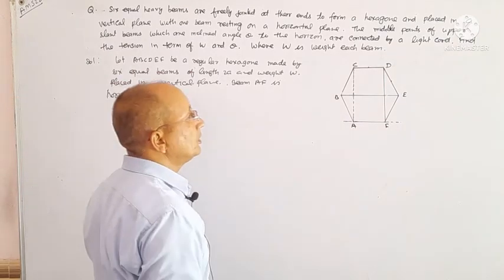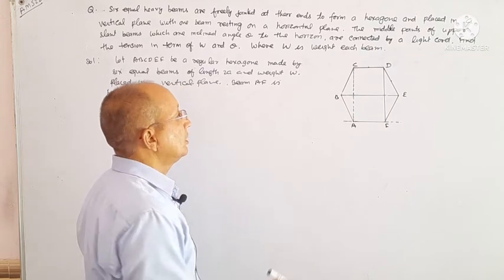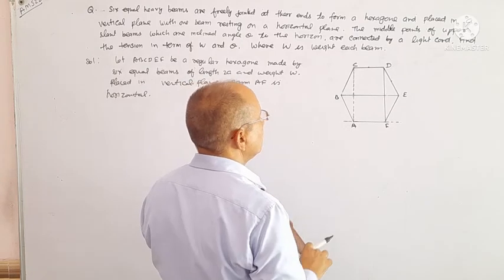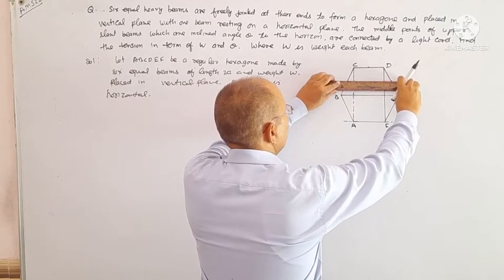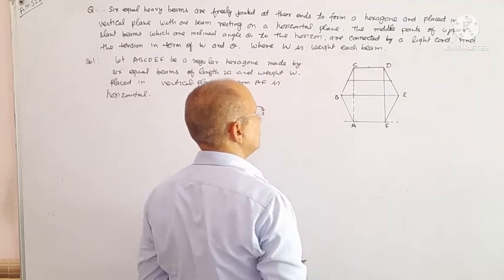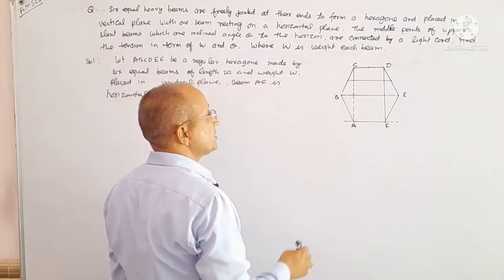The middle points of the two upper slant beams, the upper slant beams are BC and DE, are connected by the cord. There is tension T in it.